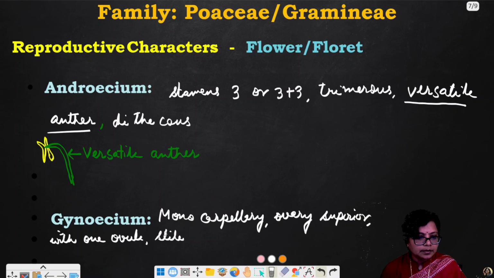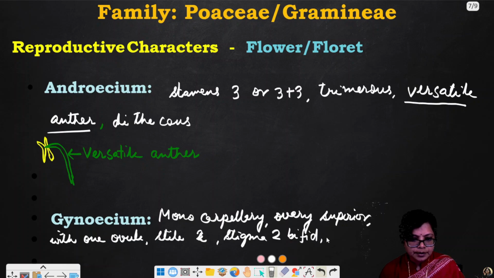Style 2, stigma 2, and it is bifid, feathery in nature.